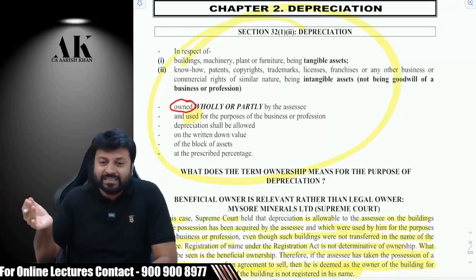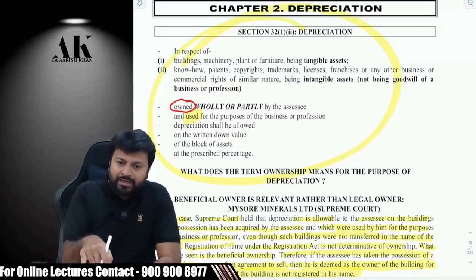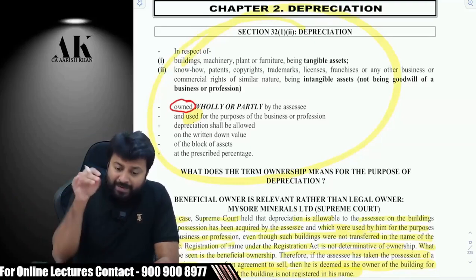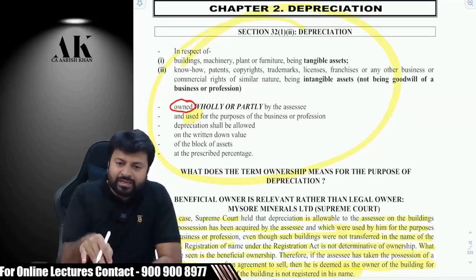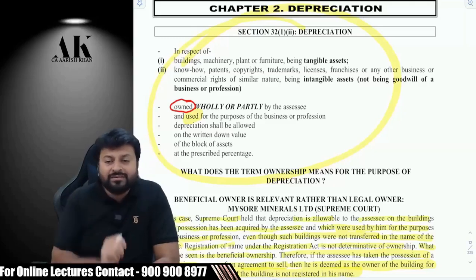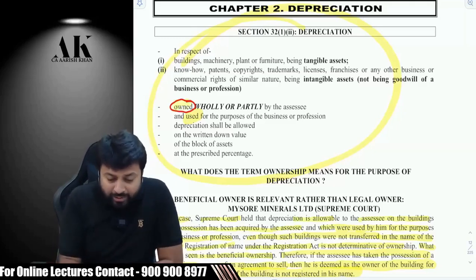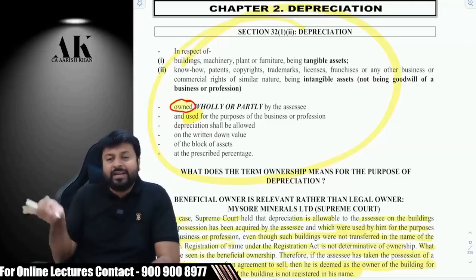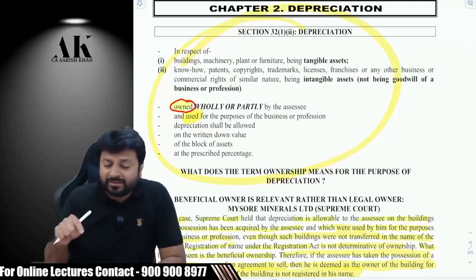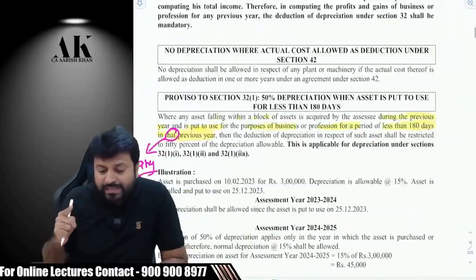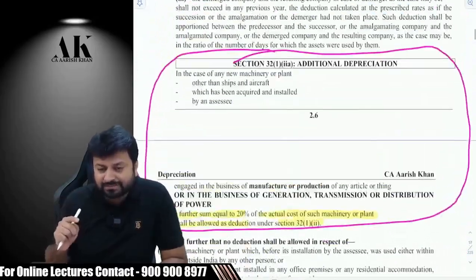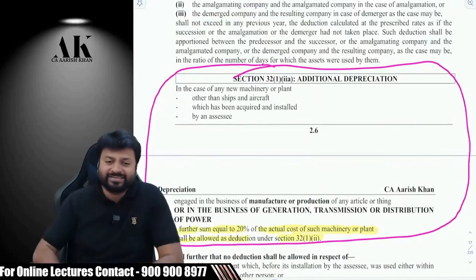It means the benefit is allowed under the original section only. And the original section tells you that the asset should be owned as well as used. It means for additional depreciation also you need to use the asset as well as own the asset.